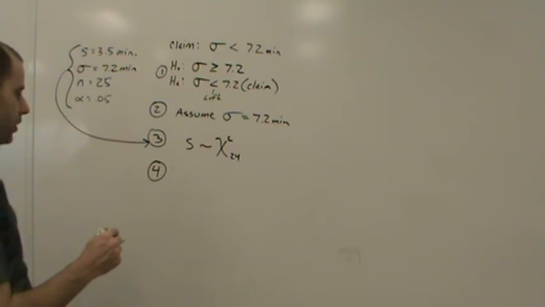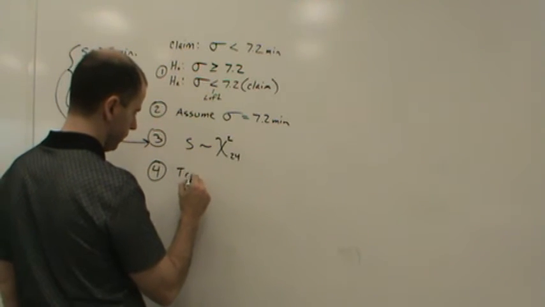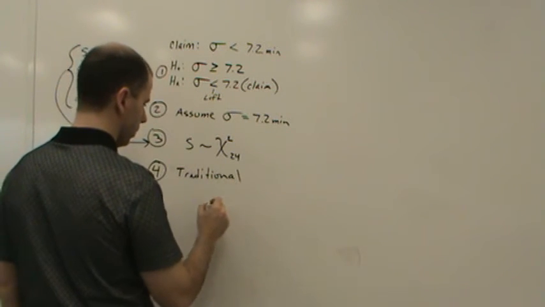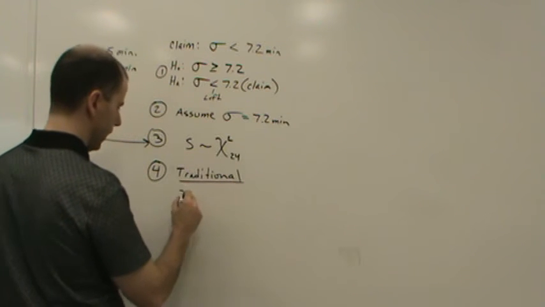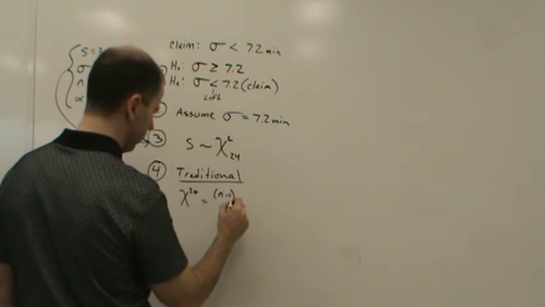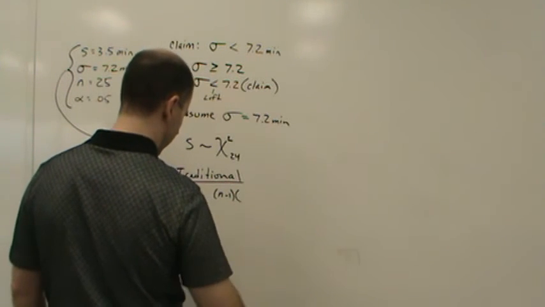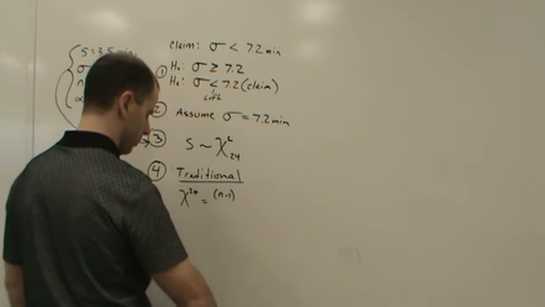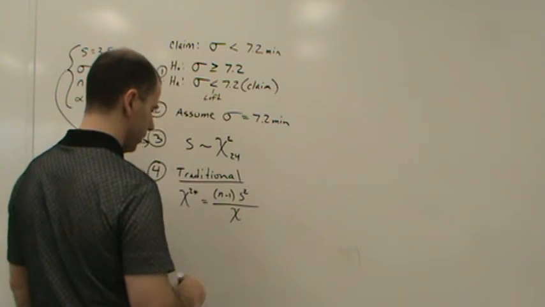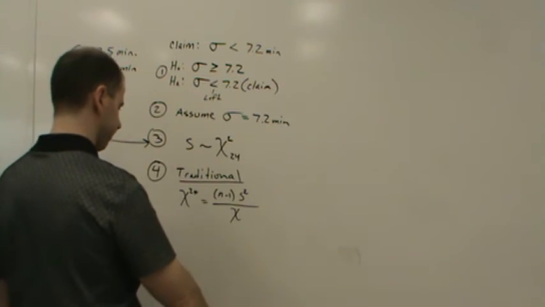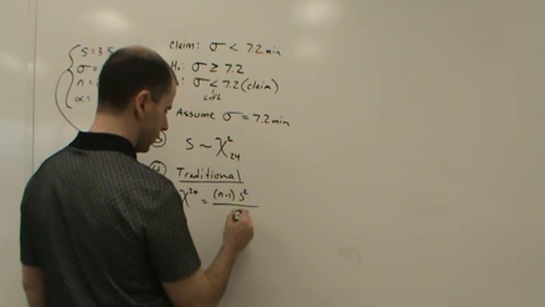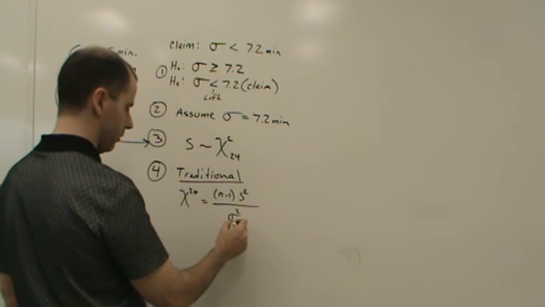With the traditional method, we need to calculate our chi-squared star, which is going to be n minus 1 times s squared divided by sigma squared naught under the null.